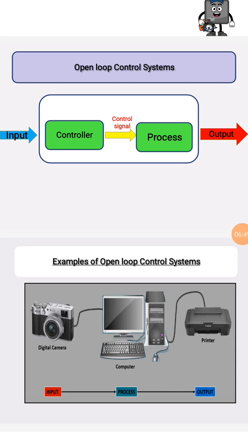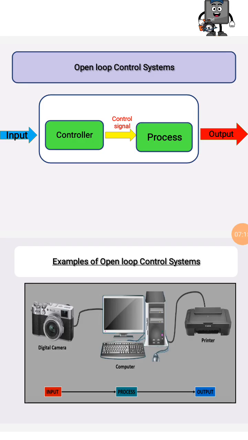The film should be transferred to the computer for processing, and then further transferred to the printer to take a printout of that photograph. So the input given by the digital camera is transferred to the computer, which processes it, and that is further transferred to the printer.